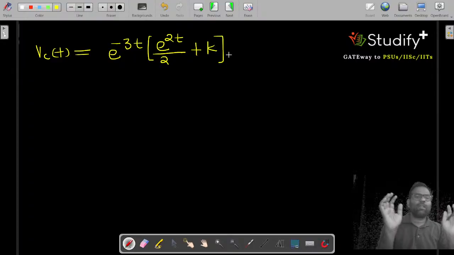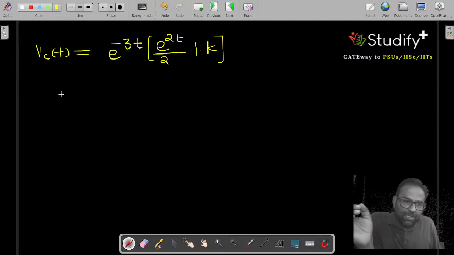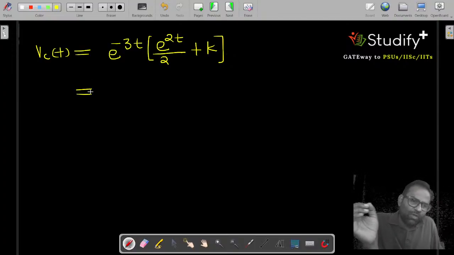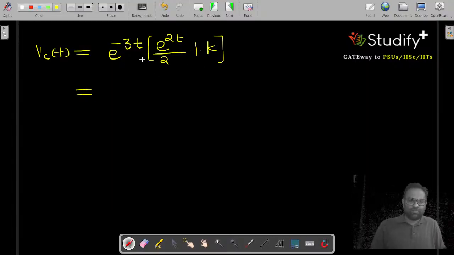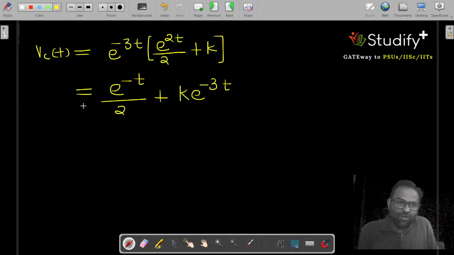Always remember, we have to calculate the initial condition after adding CF and PI. So you don't need to focus on CF and PI separately, because we have the overall solution. So e to the power minus 3t and e to the power 2t gives e to the power minus t divided by 2, plus k times e to the power minus 3t. Now this is your complete solution.